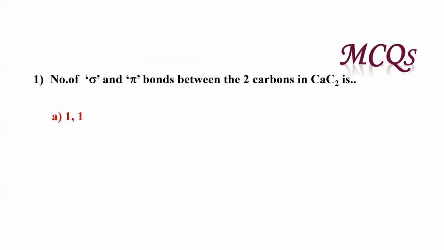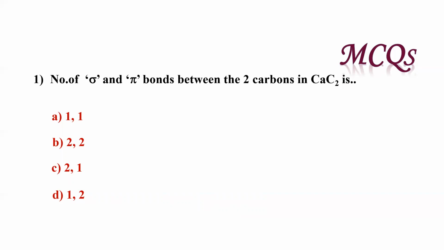Number of sigma and pi bonds between the 2 carbons in CaC2 is what? Now we have already come across CaC2, calcium carbide. We came across the structure as well. So if you remember the structure, find out the number of sigma and pi bonds.